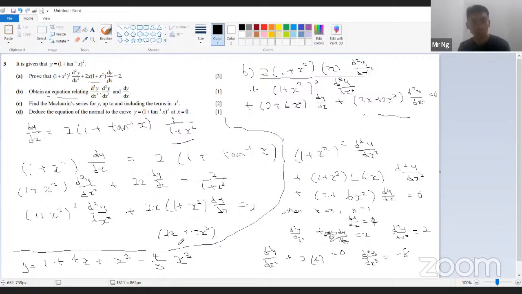So I plotted in my GC the original y equation and the Maclaurin series expansion, to see whether they are a good approximation of each other. Based on the graph, they are totally not. Something is very wrong.